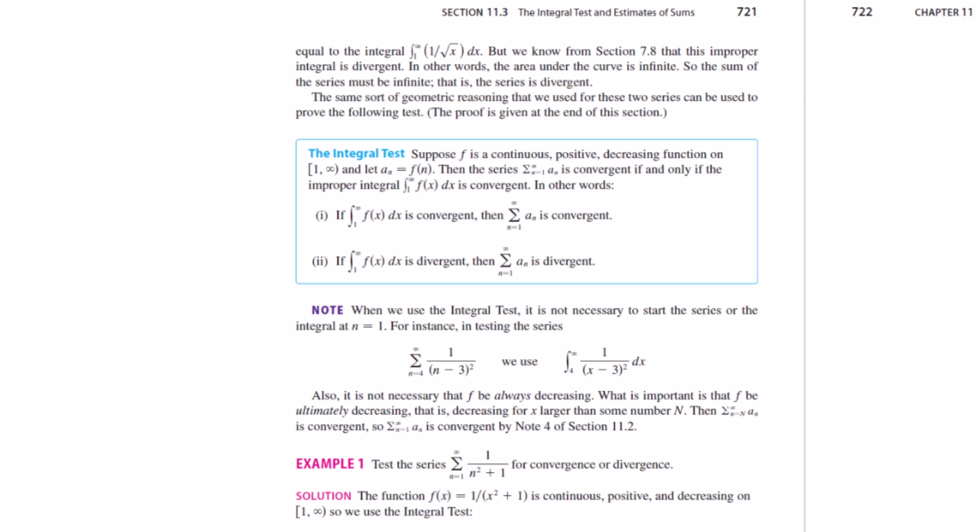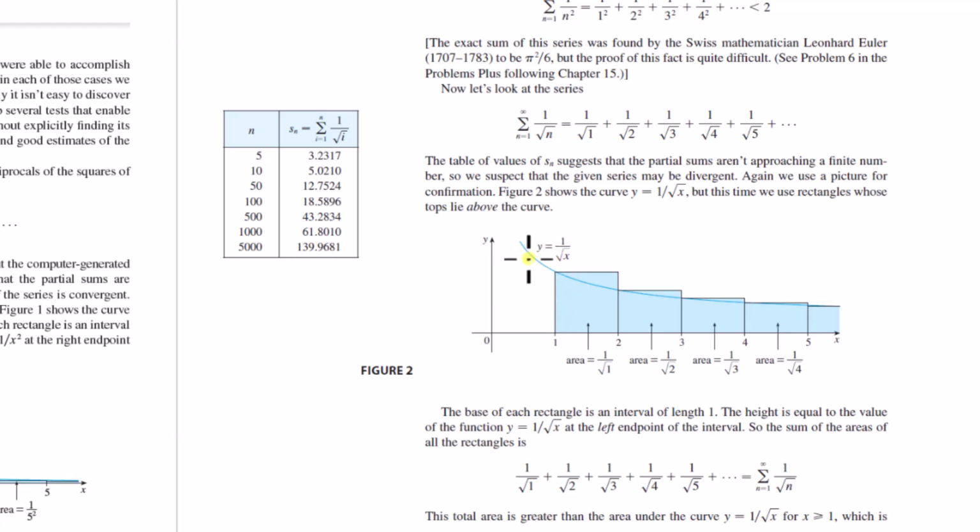Okay, so if we come back, we know from the improper integral section that the integral from 1 to infinity of 1 over square root of x dx is divergent.